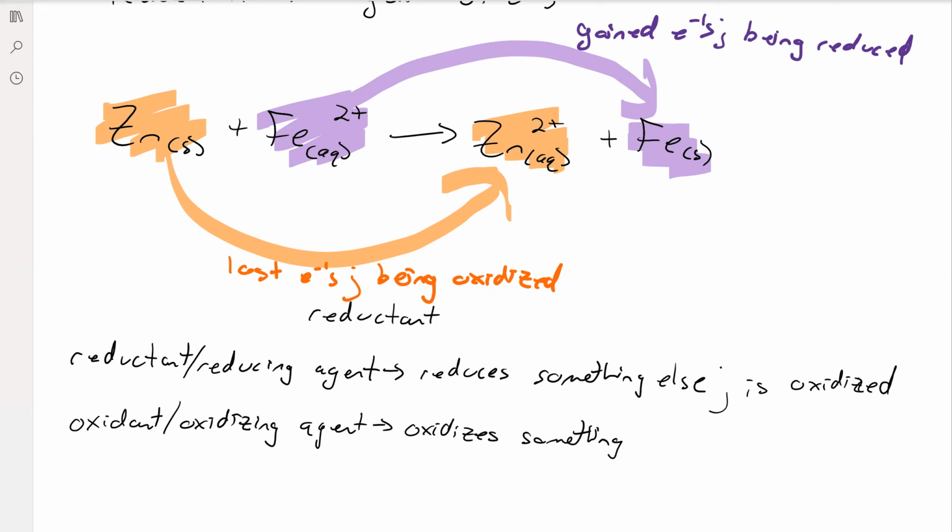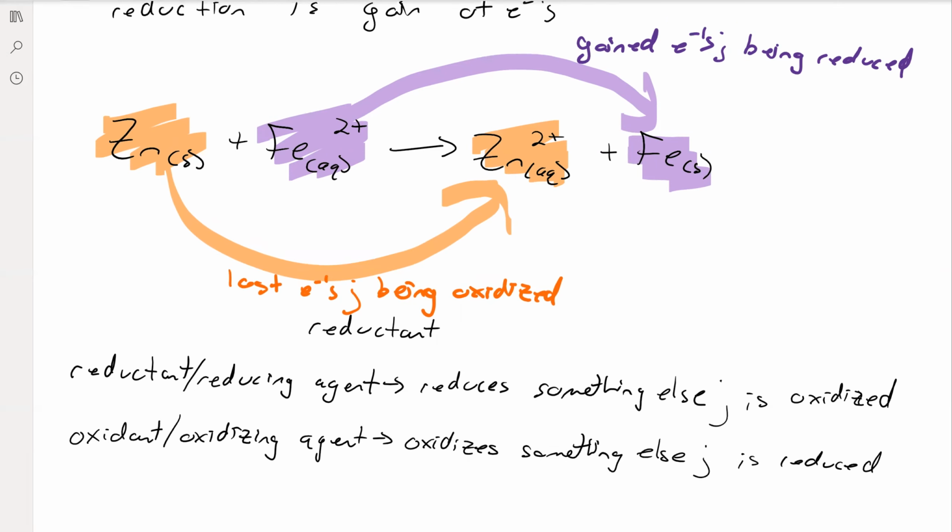So it's taking away electrons from something else, so it itself gains electrons or is reduced. If we think about our example above, the iron took electrons away from the zinc. It oxidized the zinc, and so the iron is the oxidant or the oxidizing agent. And so it's just a little bit confusing.